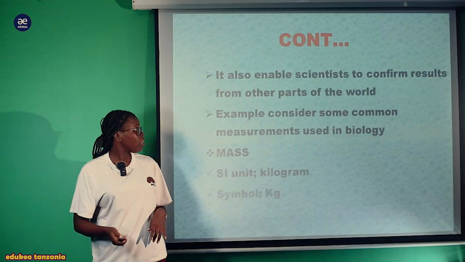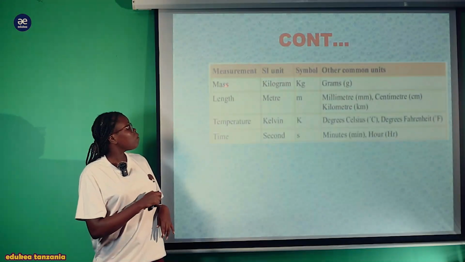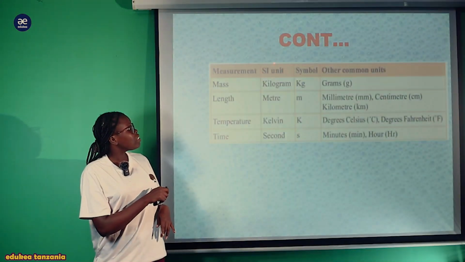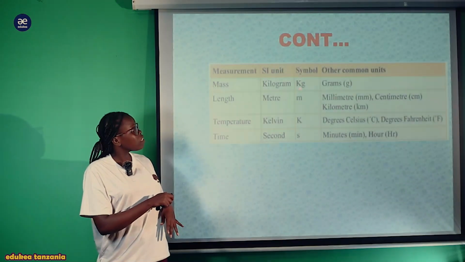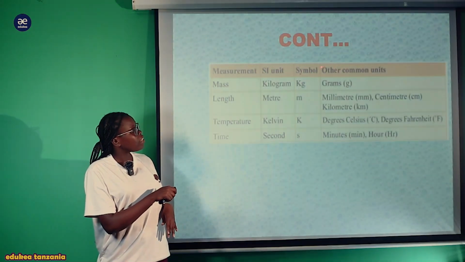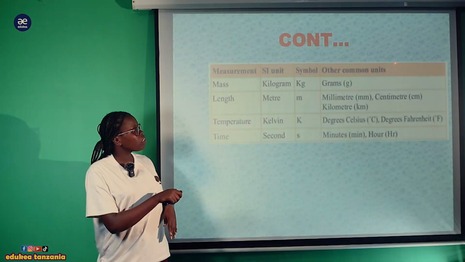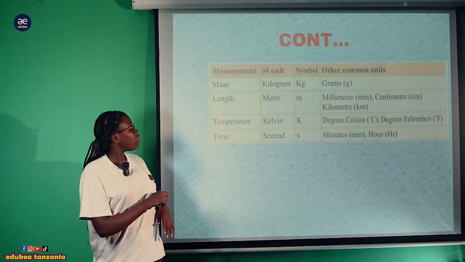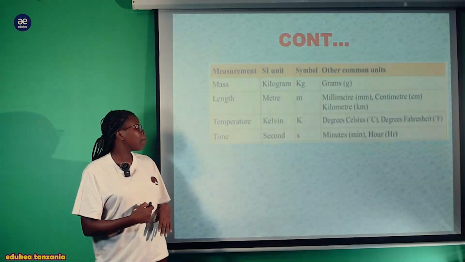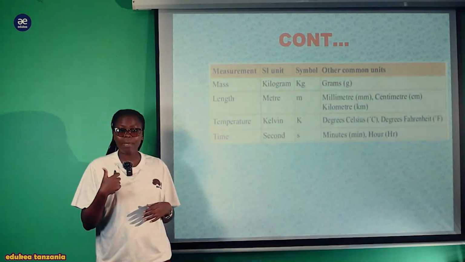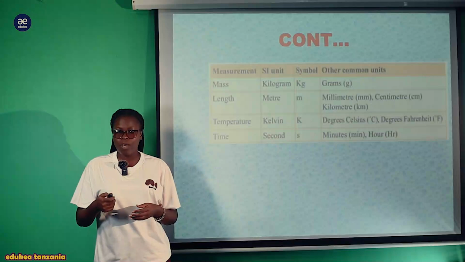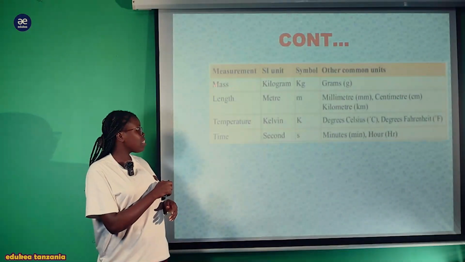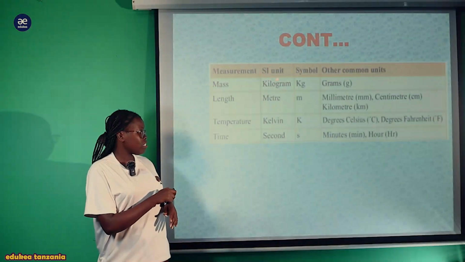The second column tuna kizio au SI unit, third row kuna symbol, and the last row kuna other common units. One of the fundamental quantities tulionayo hapa tuna mass. These are fundamental quantities of measurement which are used in biology. The first one is mass. The SI unit of mass is kilogram, and the symbol of this kilogram is kg.